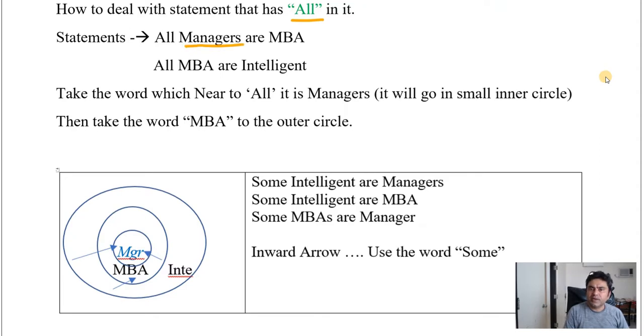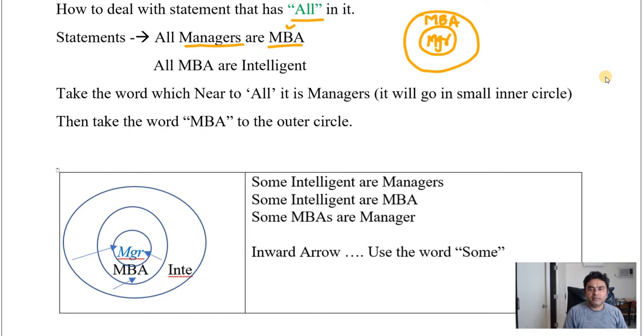So here you draw a small circle and I am writing manager, MGR. Now this word MBA is actually a bigger circle, so here I am writing MBA. Now you see, all managers are MBA. So the diagram is logically drawn.